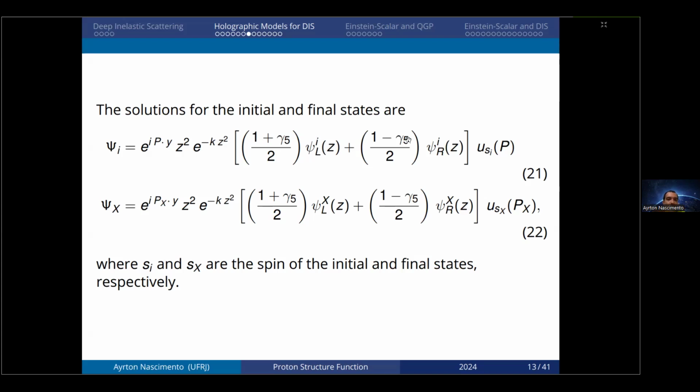I'm going to tell you about it later in detail, so you're going to understand better. So these are the solutions for the fermion field, in which Si and Xx are just the spin of the initial and final states, related to these particles over here, which are the quarks I'm interested in, okay.